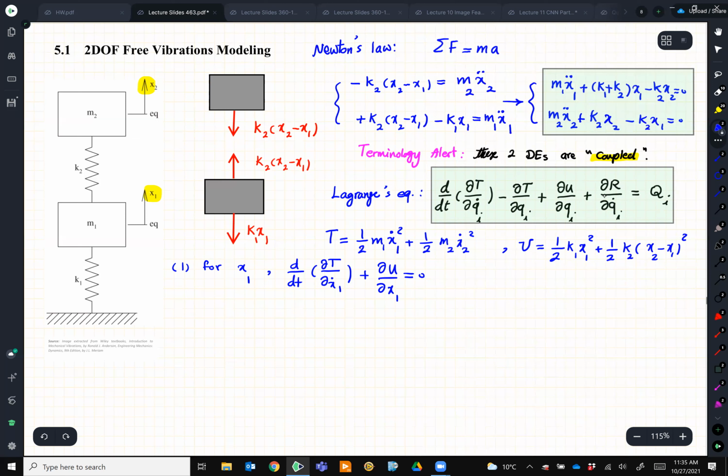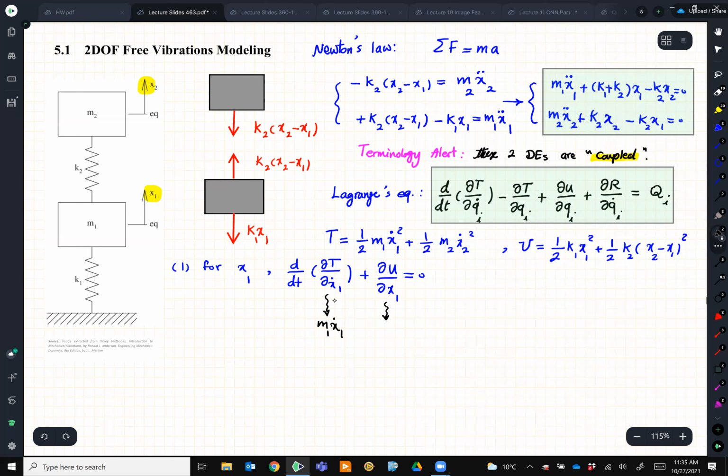We don't have any damping. And in T, of course, we don't have any x, so when we take the derivative, it will be 0. So let's take the derivative and see what we get. The derivative of T with respect to x dot 1 gives me m1 x dot 1.